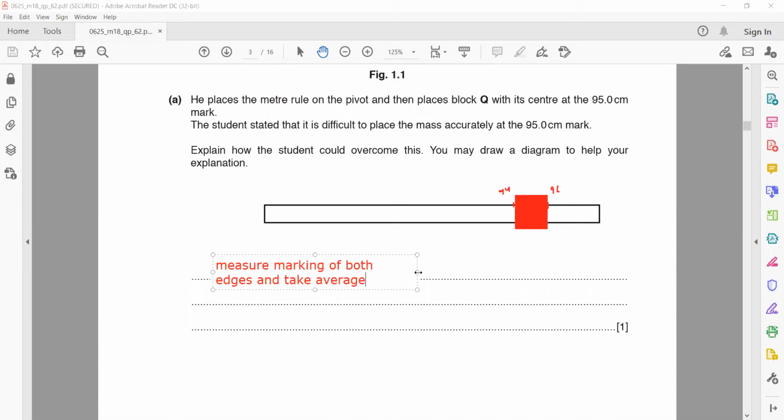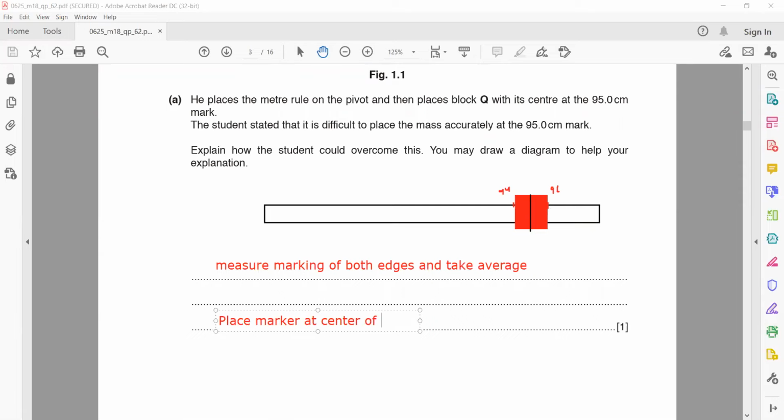That will give us the final answer. Or there's also another way we can do it. Before the start of the experiment, we can just locate the center of this object and mark it, at the start of the experiment.